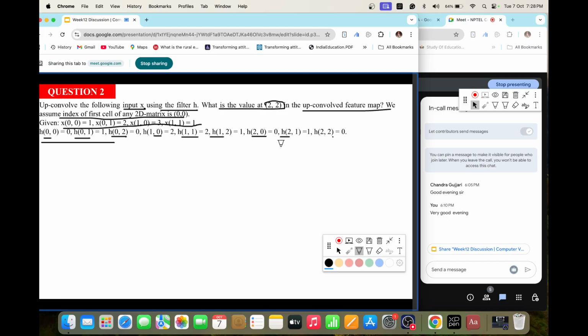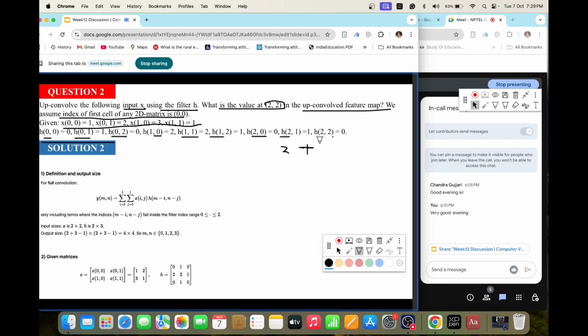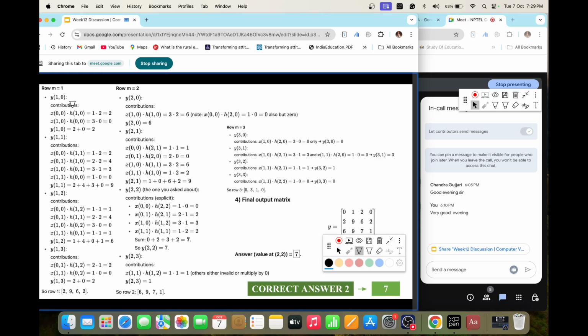So tell me what will be the dimension of the output? As we are doing the up convolution, the formula will also change. So let me show you.